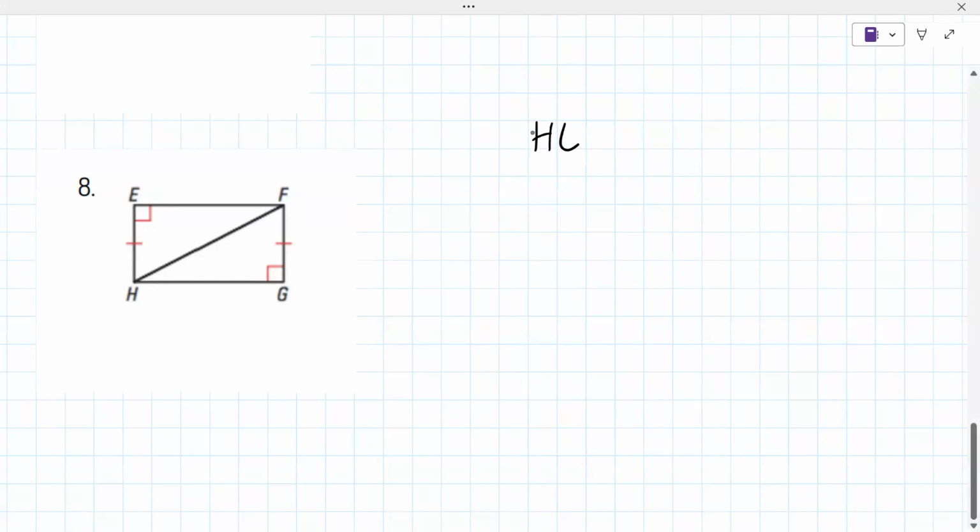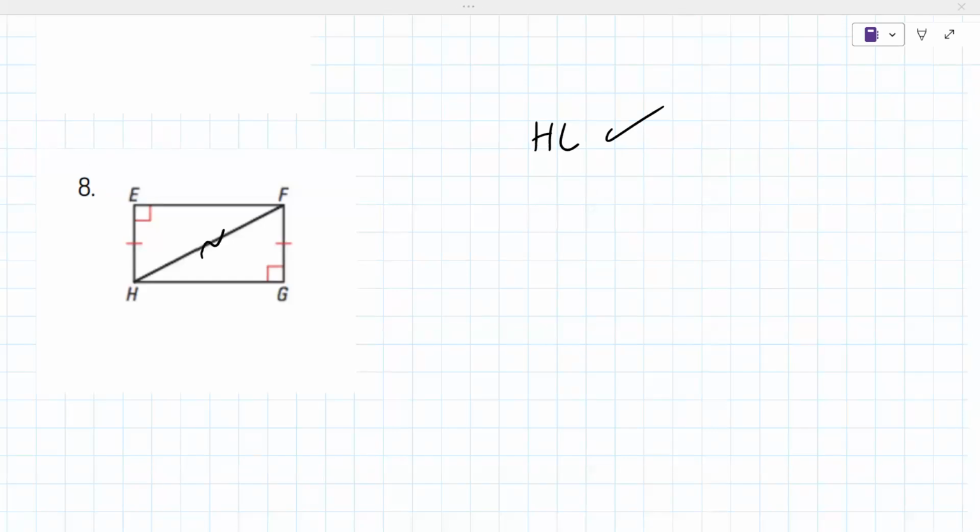Not always, but it's a good one to go to. Is it hypotenuse leg? Are the hypotenuses congruent? And then do you have a leg congruent? I'd say yes. The hypotenuse is the same, so yes, it does work.